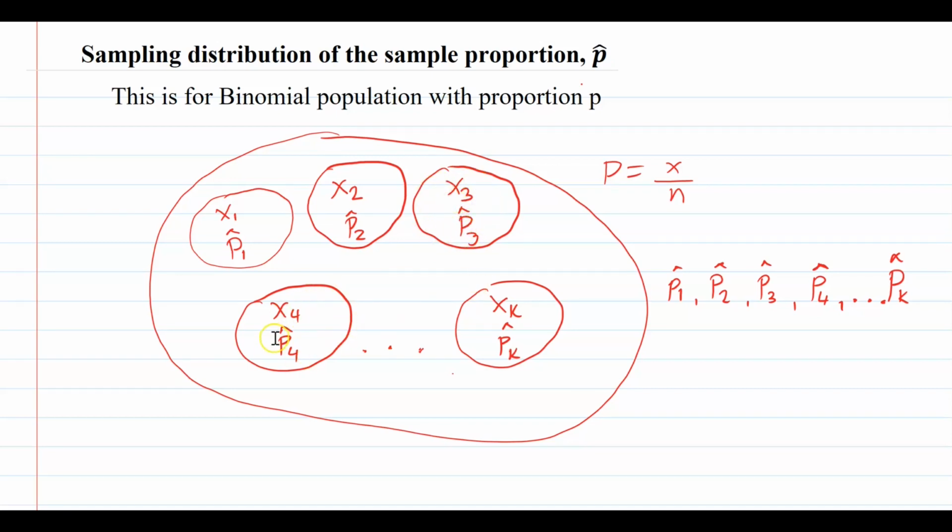And from sample number 4, you can calculate P4 hat, the proportion of people that drink soda from sample number 4. Remember that the sample size will be the same for each of these samples.